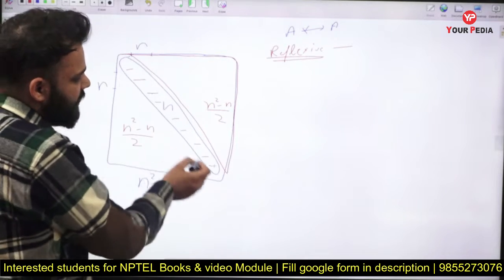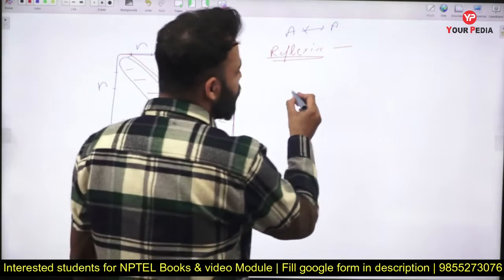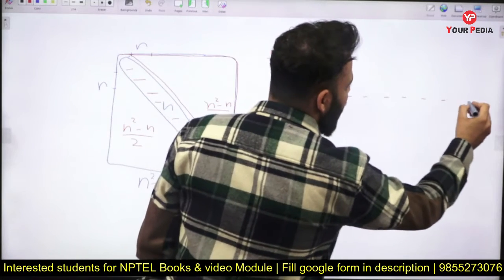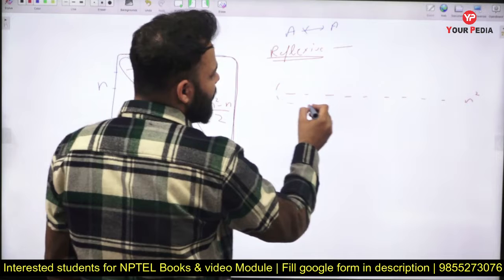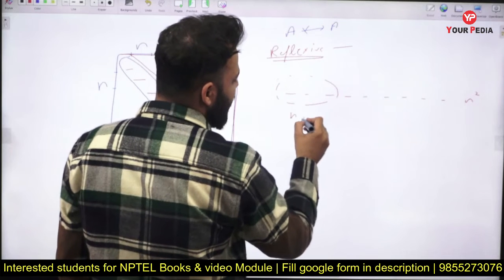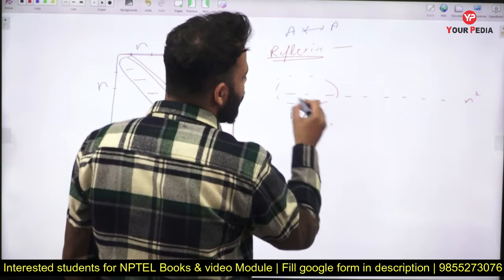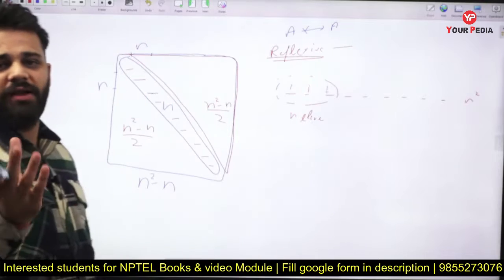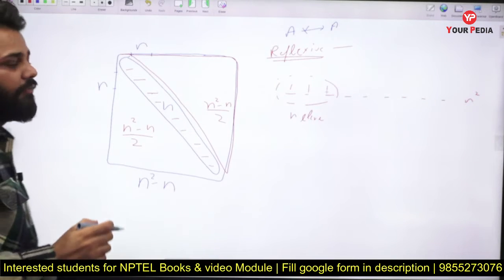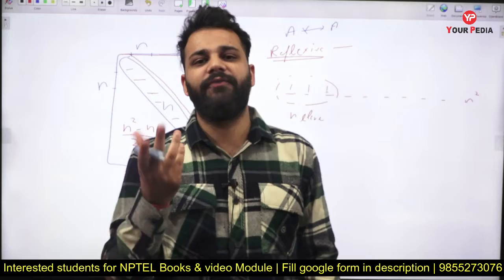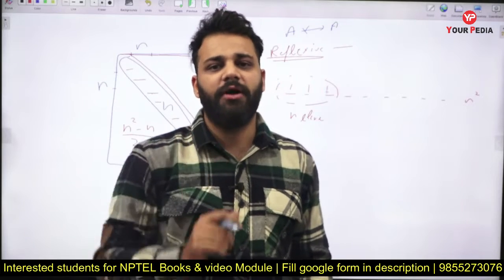So for these n elements you have no choice. Now the total number of elements is n square. For the n diagonal elements, for each element you have only one option. You have to take them. Now for reflexive relations, only self loops matter. Other elements will not matter.